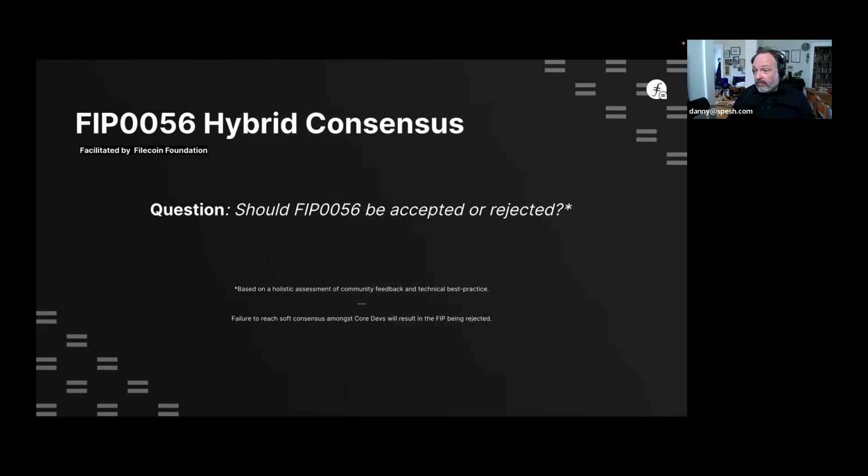One is that we should go back and think about how we build a governance process that can involve everybody, implementers, stakeholders, and the wider silent majority of our community, and work out how to do that. But at this moment in time, perhaps with some sadness, I'll have to say that this FIP 56 has not passed soft consensus.